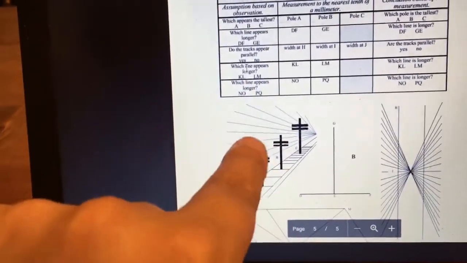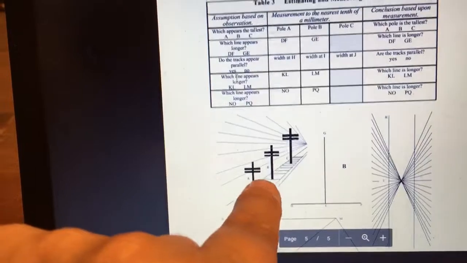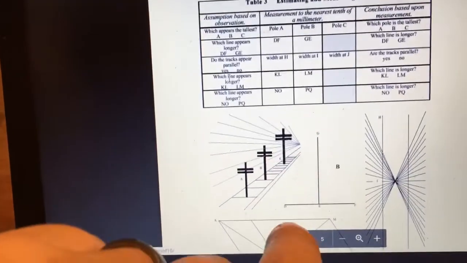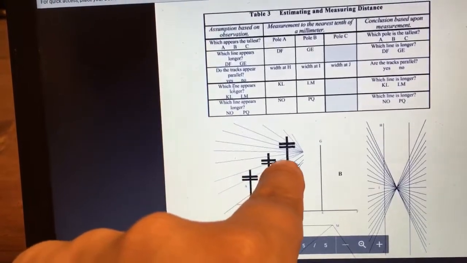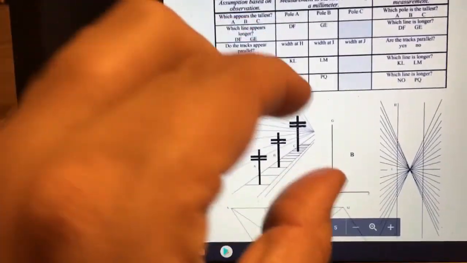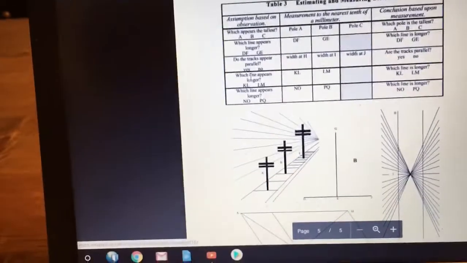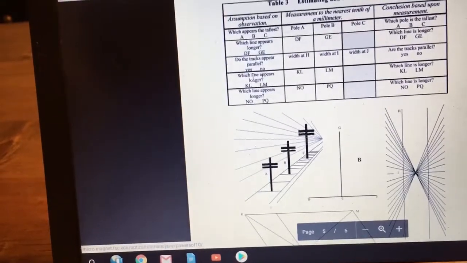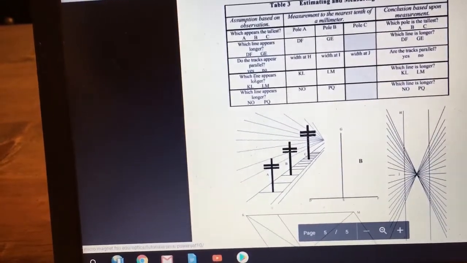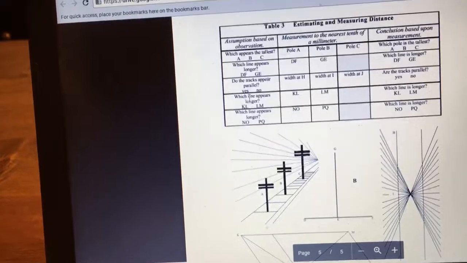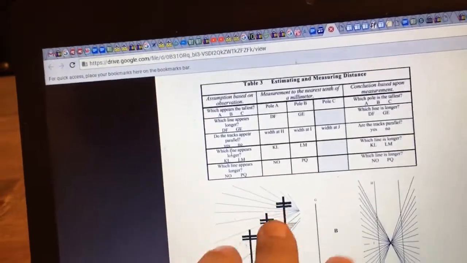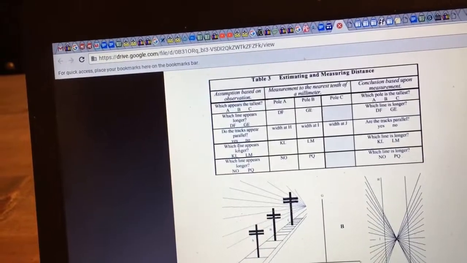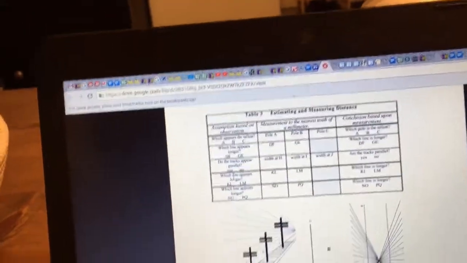So it's a little weird to me that the authors of this handout didn't do that with these telephone poles. Normally these telephone poles would all follow along this little line right here, and they would start to shrink as they get into the distance. So it's a little bit tricky that they didn't do that in this picture. So think about what your brain sees. Think about what your instinct says in terms of which of these is the tallest, and then measure them.